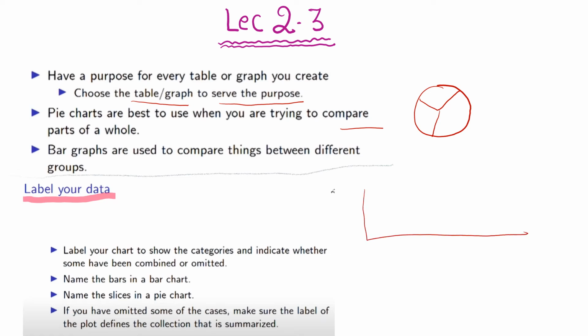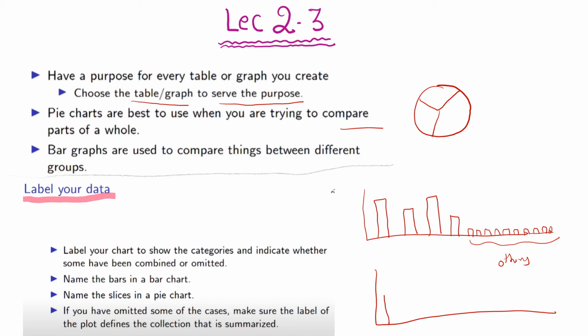if we have some data like this, this, this, this, and after that there are little data with a much smaller quantity, then we can summarize these all as others, and we can construct our graph like this, this, this, and this is like others.